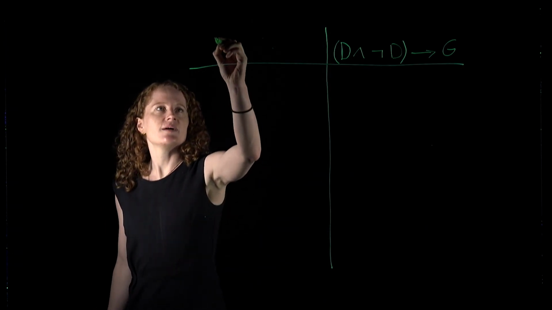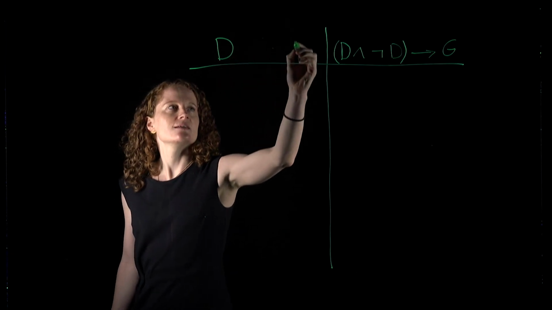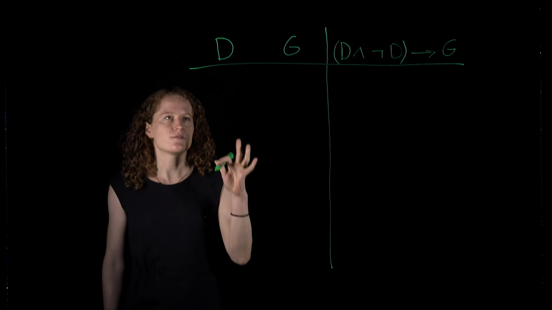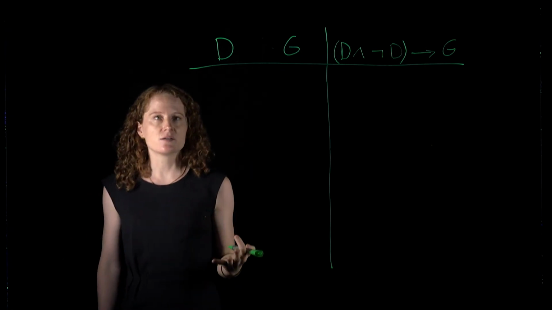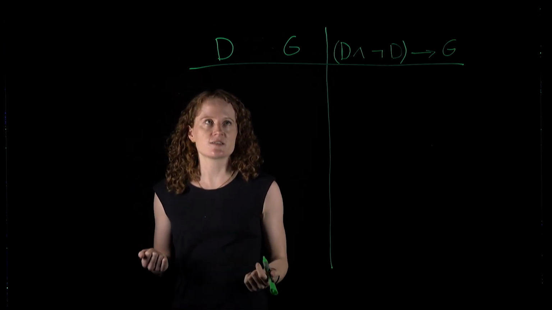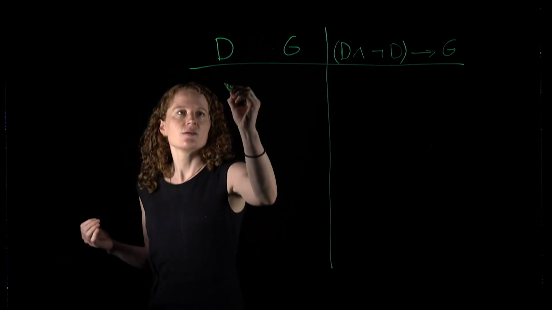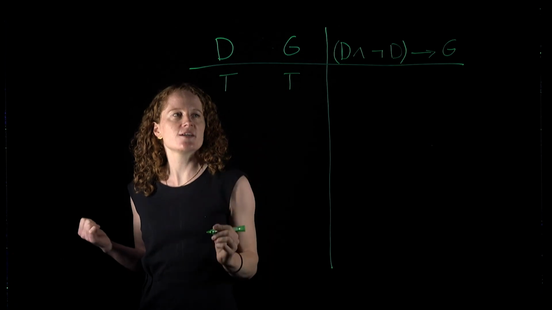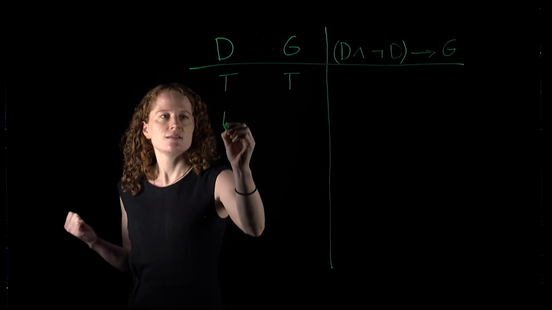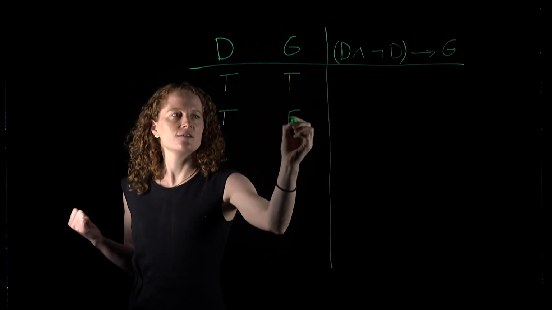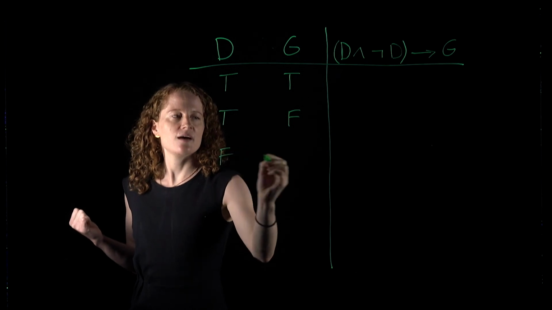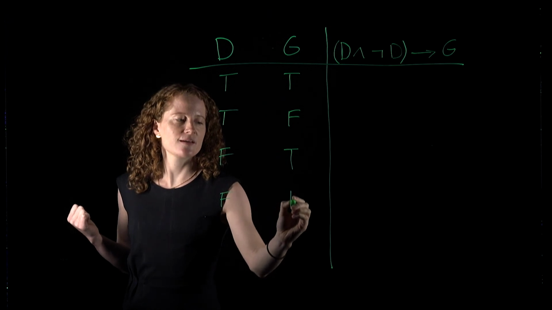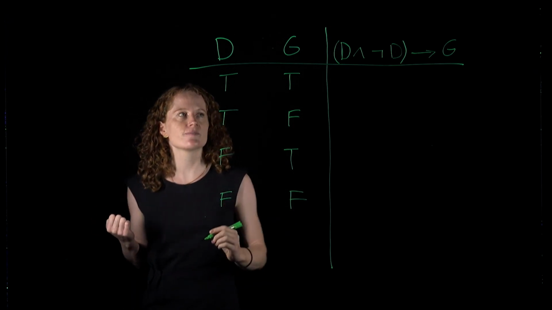I'm going to put my two atomic sentences D and G up here, and then I'm going to fill in the reference column by writing out all the possible valuations for my two atomic sentences. So for two atomic sentences, we are going to have four possible valuations: TT, TF, FT, and FF. That's the four possible valuations.